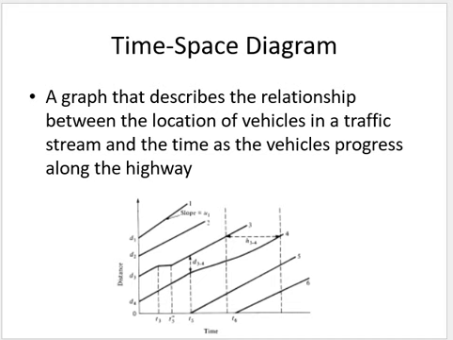Headway. And what else? Where the vehicle stopped and for how long it stopped. And obviously, if you want to find the average speed, you can take total distance and total time, and you will have the average speed.